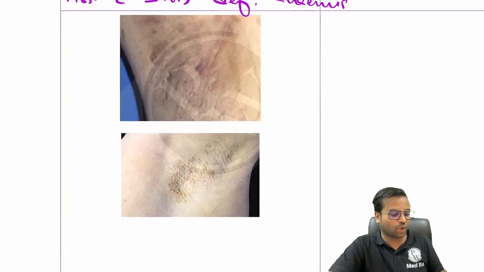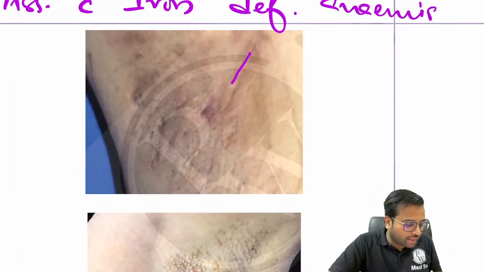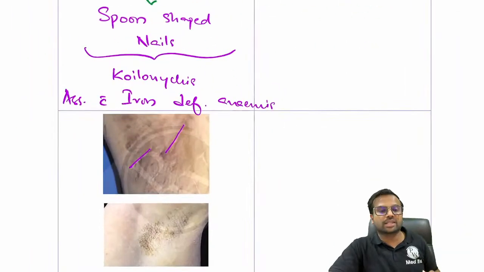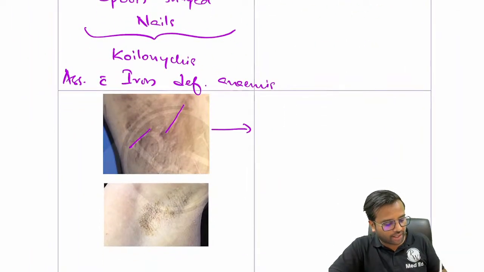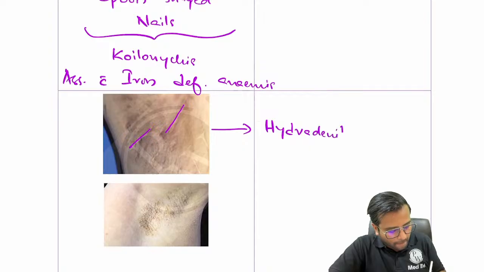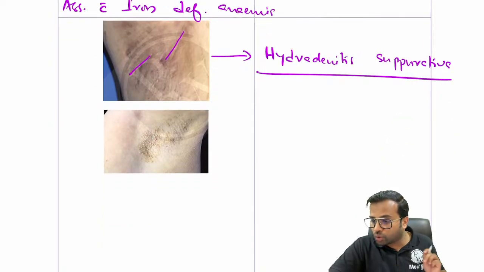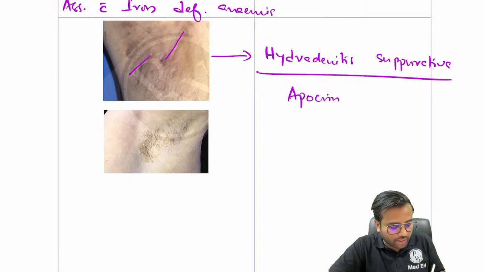Even though the image is not very clear, I would say that there are some connecting bridges here. So this is a disease called hidradenitis suppurativa. Mahesh, very good. So in both the cases, this is going to be a disease of apocrine sweat glands.